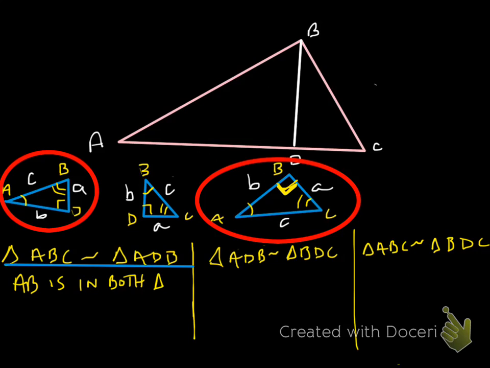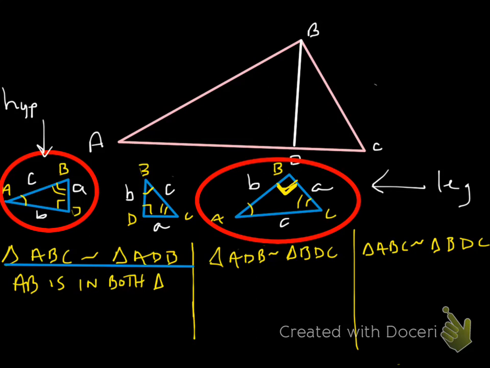So AB in the triangle ABD, in this triangle here, AB is the hypotenuse. But AB in this triangle here is simply a leg. So when you write a similarity statement or a congruency statement, you're going to notice you can't put those together. So when you're doing a proportion, you won't be able to put those together. Okay, and we'll talk more about that in a second.